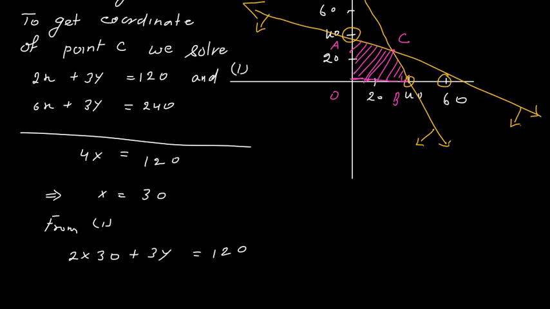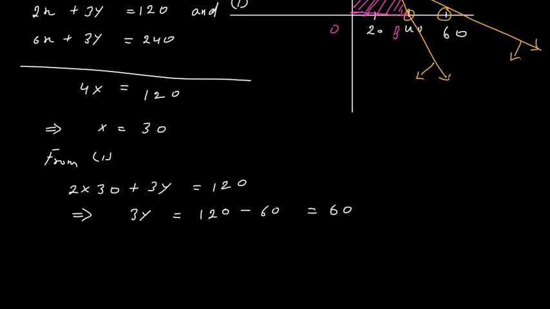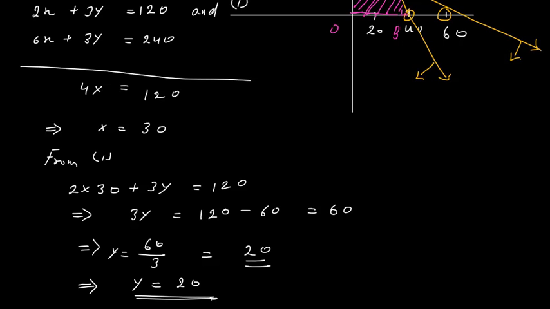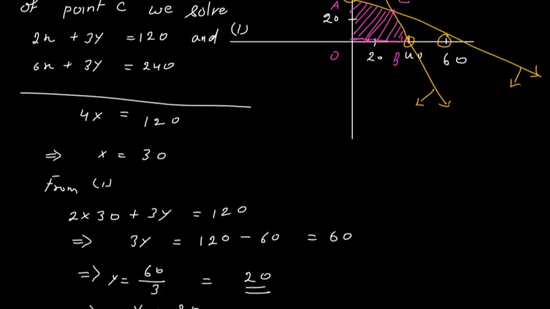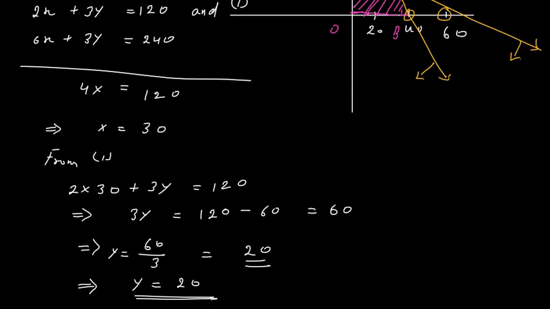So this gives me value of 3y is equals to 120 minus 60 is equals to 60. So I get the value of y as 60 divided by 3, so 20. So the coordinate of point C is 30, 20.